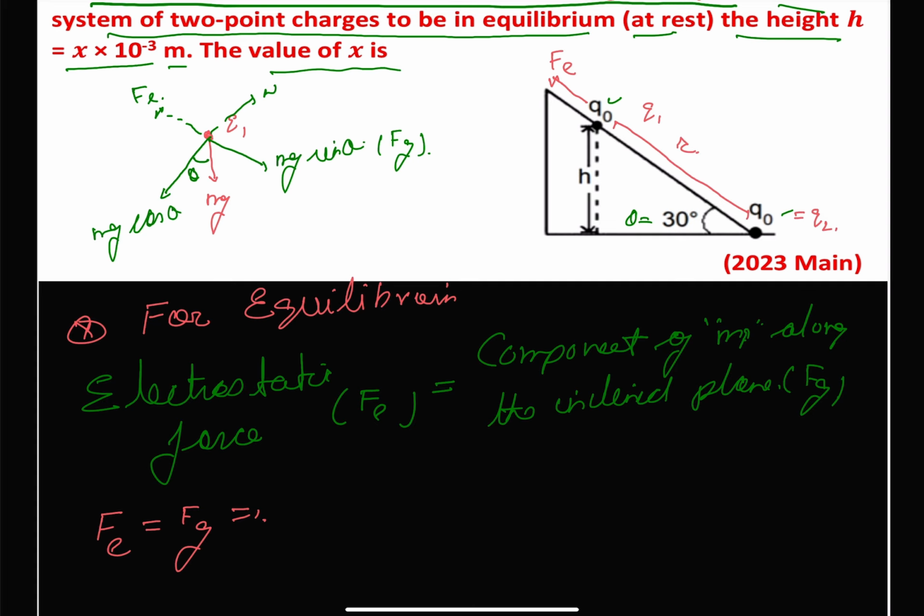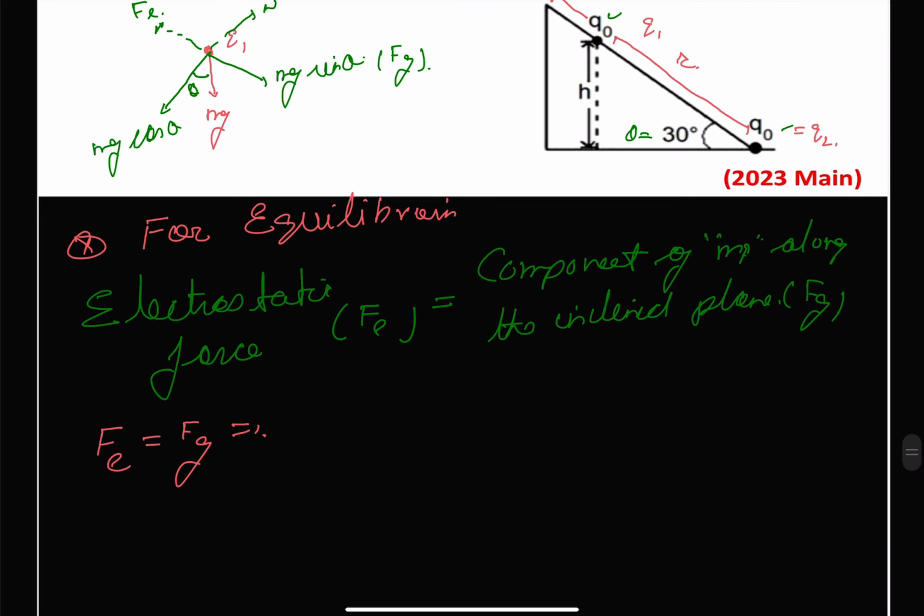So we can write our Fe will be equal to K into Q1 Q2 divided by r square, is equal to mg sine of theta.